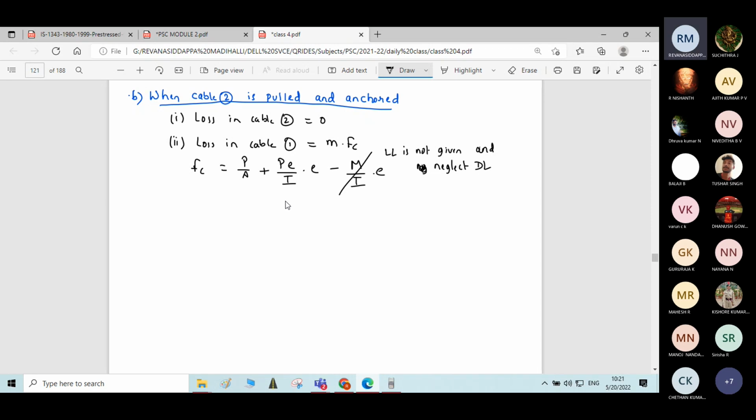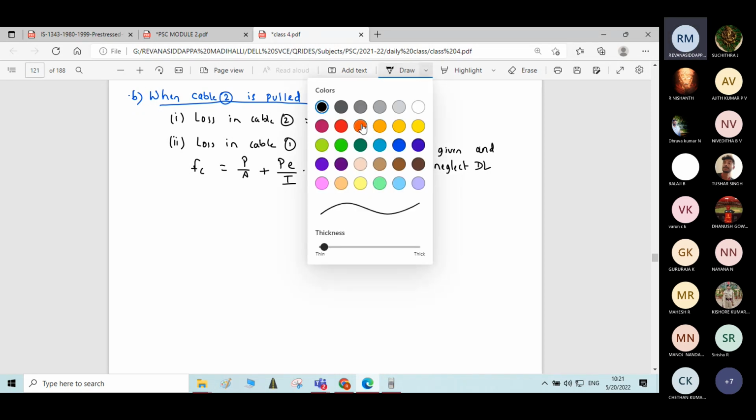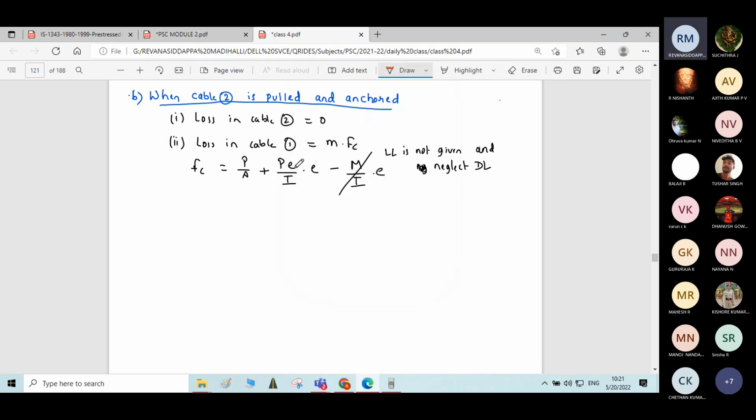Very important thing here, when cable 2 is stretched and anchored, if you are calculating loss in cable 1, this becomes P e2 and e1, meaning loss in cable 1 due to stretching of cable 2. In the previous case, I used to write P e by I into e.